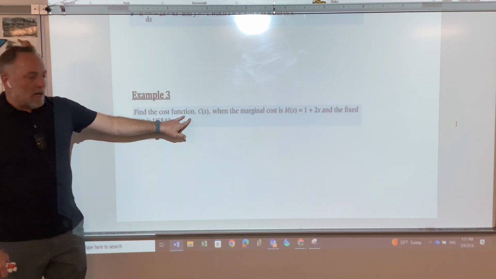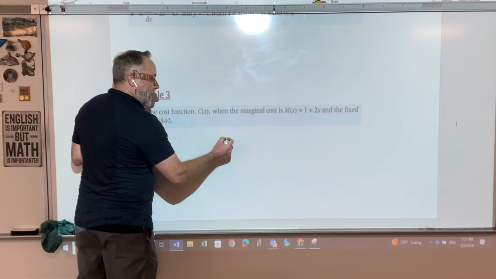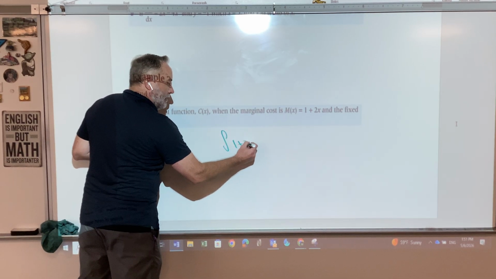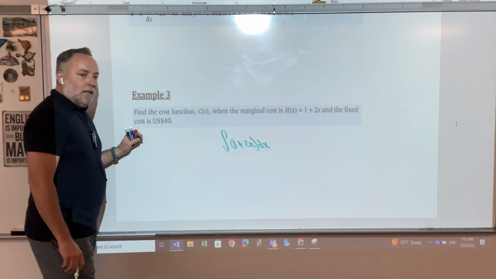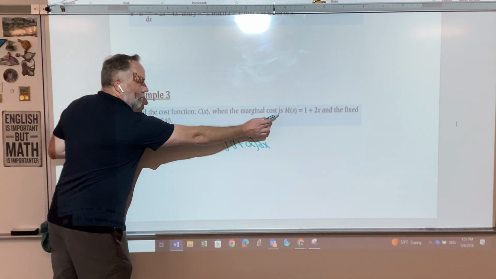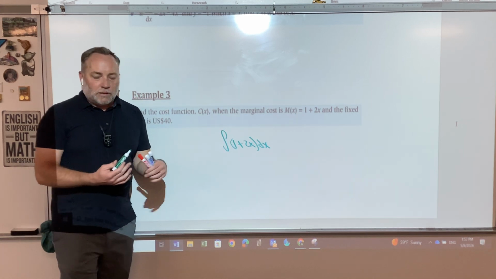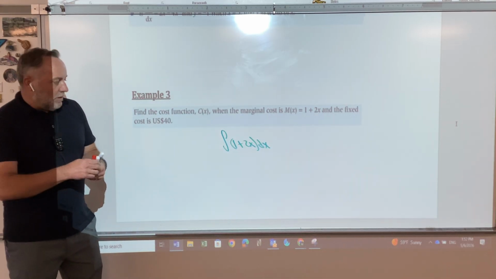So we want a cost function, so we are going to find the antiderivative of the marginal cost. So the integral of 1 plus 2x dx. If we find the antiderivative of marginal cost, we'll get the cost, since marginal cost is the derivative of cost. Let's show that.